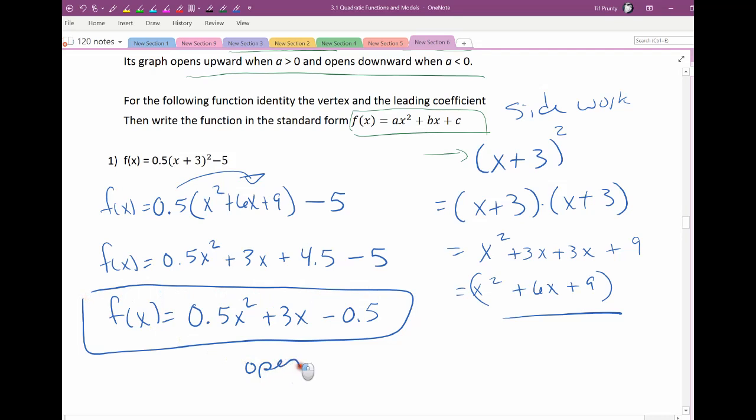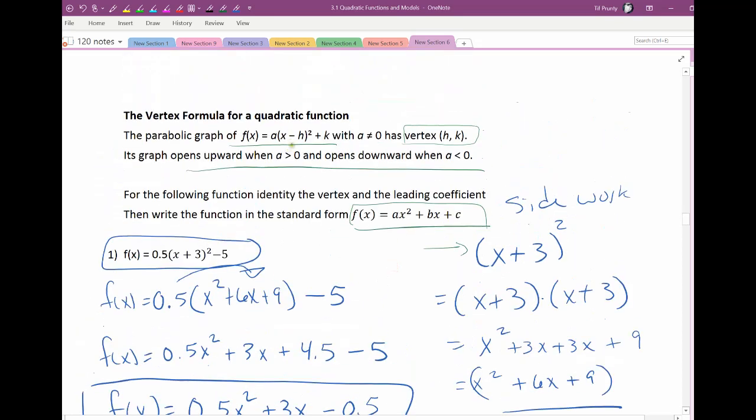I know it opens up because it's a positive square term, which means my vertex, which is the point, I know from this, my vertex is my x value. Remember, it was minus, right? So this really would have been my vertex point x minus a negative 3 to get the plus, and then minus 5.